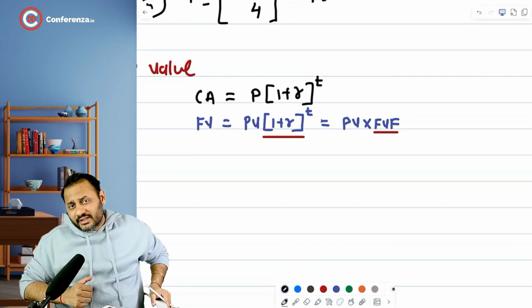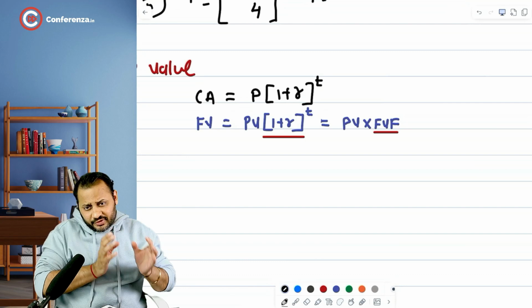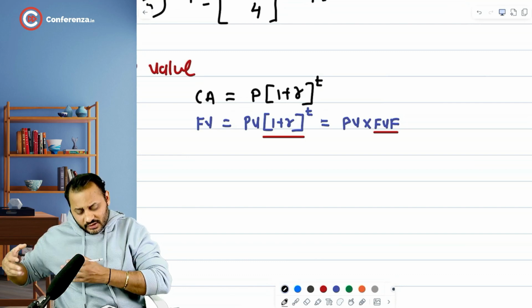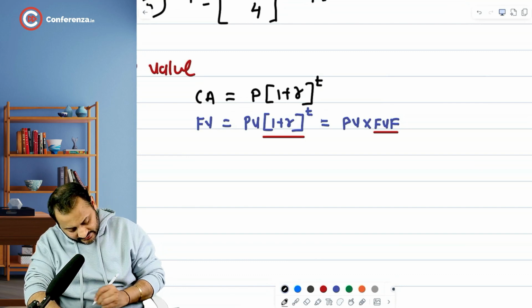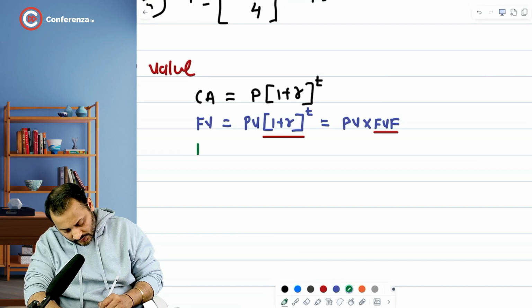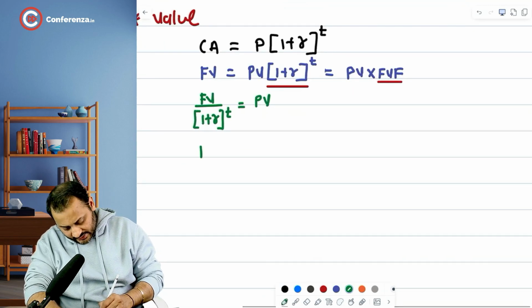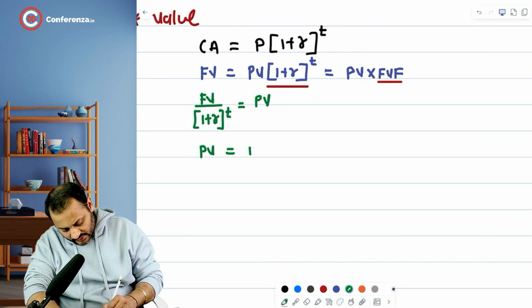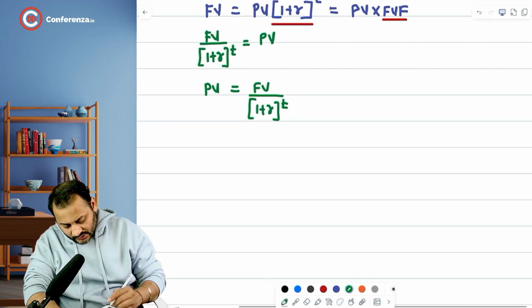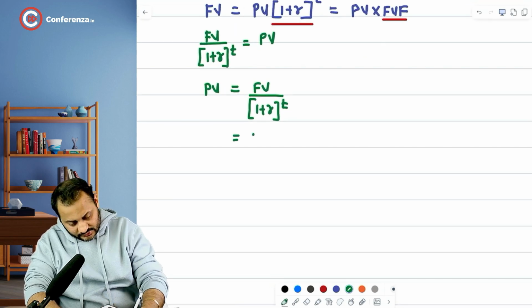Okay, clear. Now, let's recalculate the formula for present value. How do we calculate the present value? We will shift this 1 plus r to the power t to the left hand side and it will look like this. Future value divided by 1 plus r to the power t is equal to present value. First of all, can I write it like this? Present value is equal to, just shifting the sides so that it becomes easy for me to explain. Can I also write it like this?